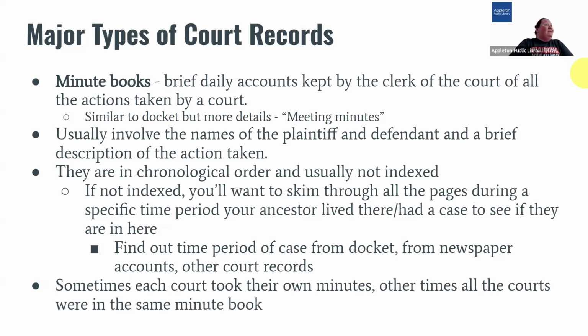You might be able to find out what time period through the dockets that we just looked at, or maybe there are some newspaper accounts talking about them being in court during a specific time period, or maybe other court records have led you to a more narrow time period than just the 40 or 50 years they might have lived in a specific area.